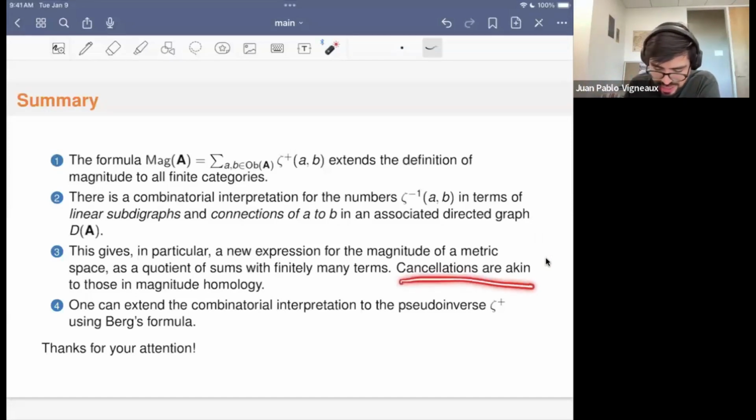And we saw that there are cancellations similar to those in magnitude homology. So there might be a homology theory behind that too, so that each of these sums can be re-expressed as an alternating sum of Betti numbers. Probably at least part of this theory can be generalized to the pseudo inverse using that formula. So I will stop there.